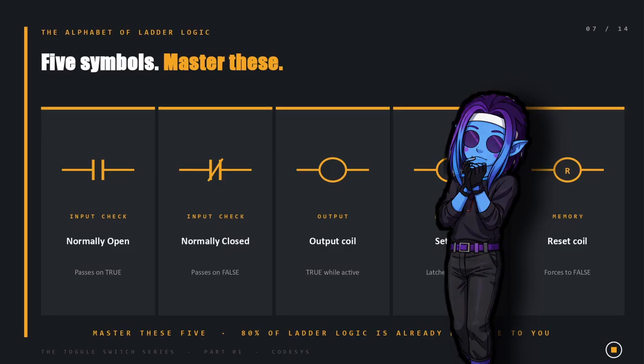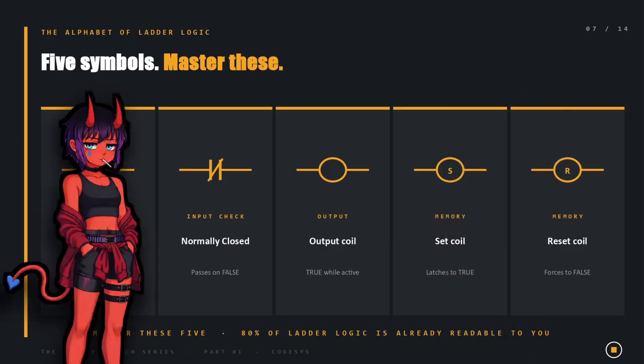Symbol number 3, the output coil, goes at the end of a rung. If current reaches it, the output becomes true. This is what actually does something. Turns on the lamp, starts a motor, opens a valve. And the little teaser, the set coil and reset coil. A normal coil is true only while the rung is energized.